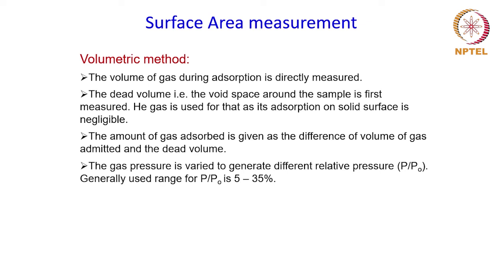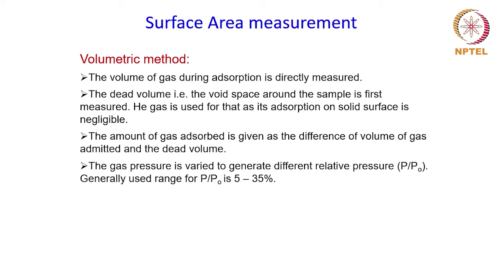first the dead volume, that is the void space around the sample, is measured. So once the sample is degassed and dried and it is loaded into the sample chamber, first whatever volume is left around the sample, which is known as the dead volume, is measured.